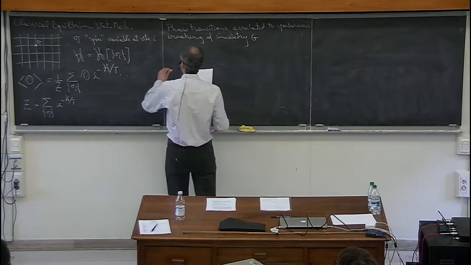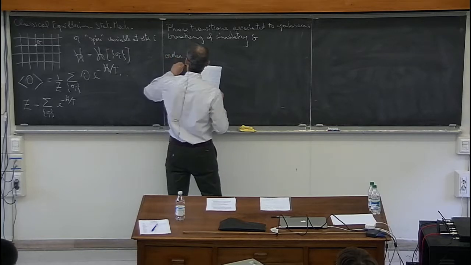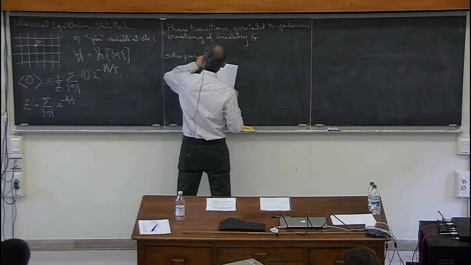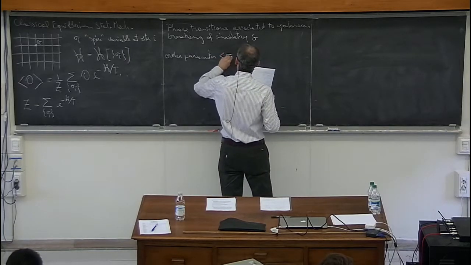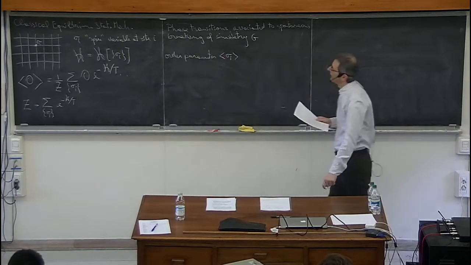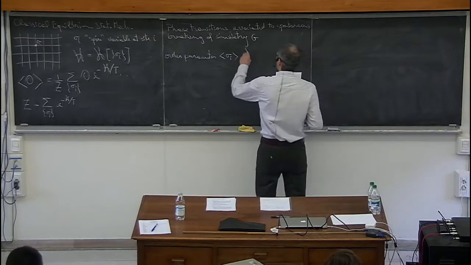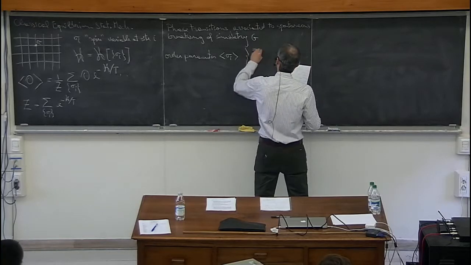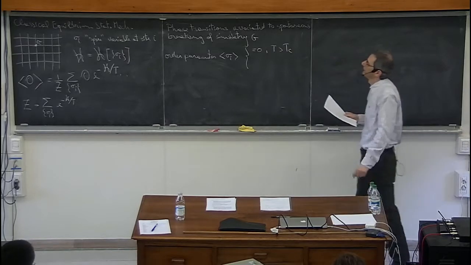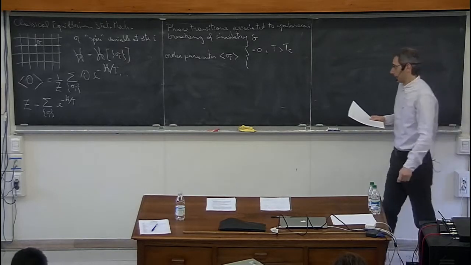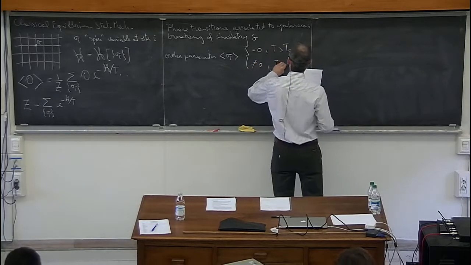And what happens is that the order parameter, which is the average of this spin or order variable, will be 0 for T larger than some critical temperature, Tc, which is the transition temperature, and non-zero below.